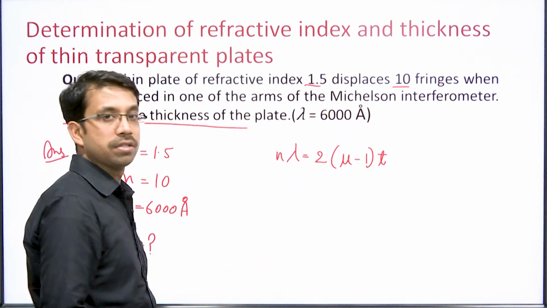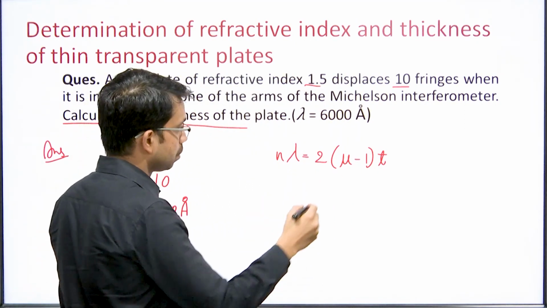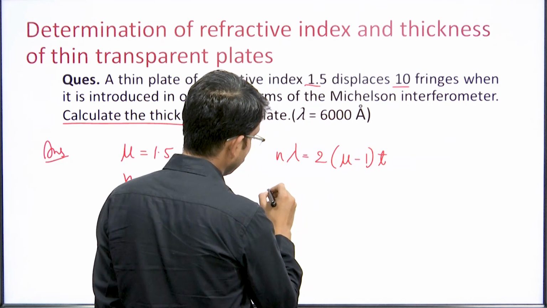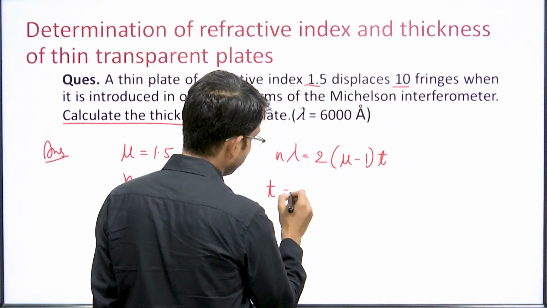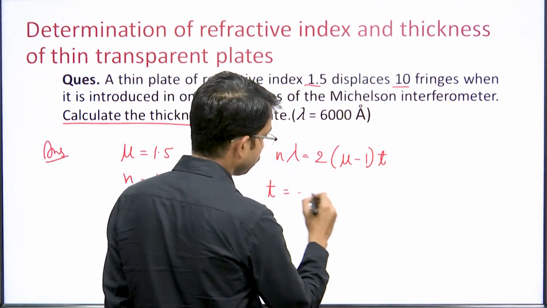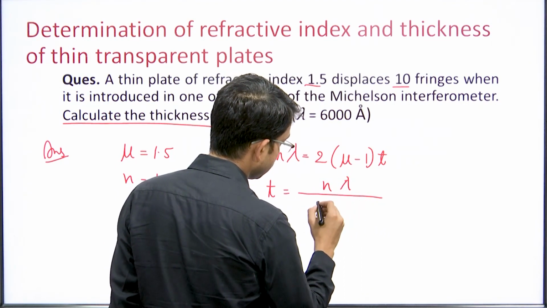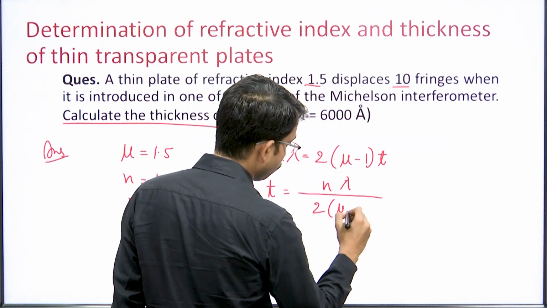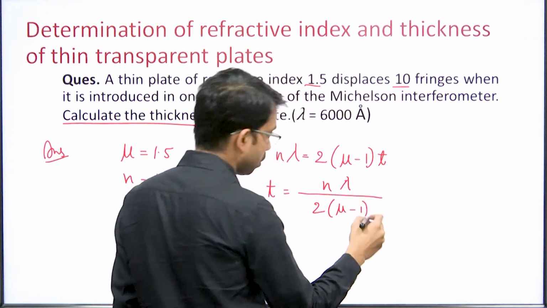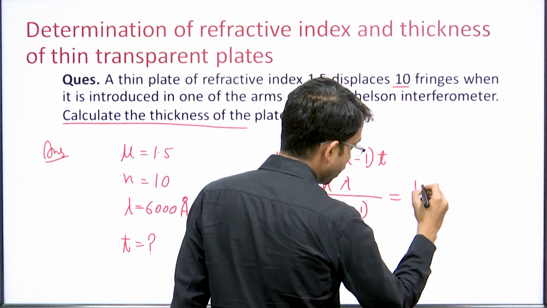Okay. Let us substitute the values. We have to find out T. So, by rearranging, T is equal to n lambda divided by 2 mu minus 1. Now, what is n? N is 10.